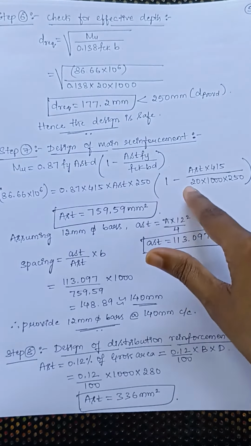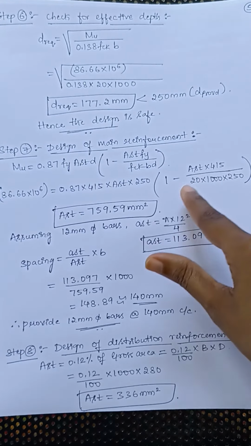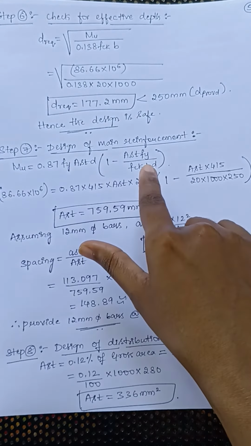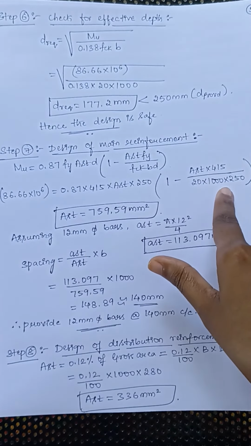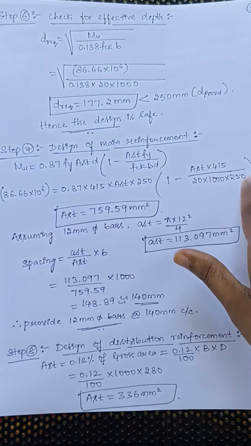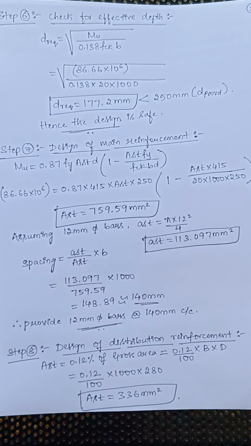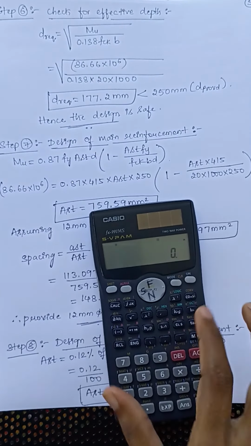Then open the bracket, 1 minus Ast into fy 415, fck is 20, and we assume unit width, hence b is 1000, into again the effective depth 250. Let us simplify the whole equation at a time.